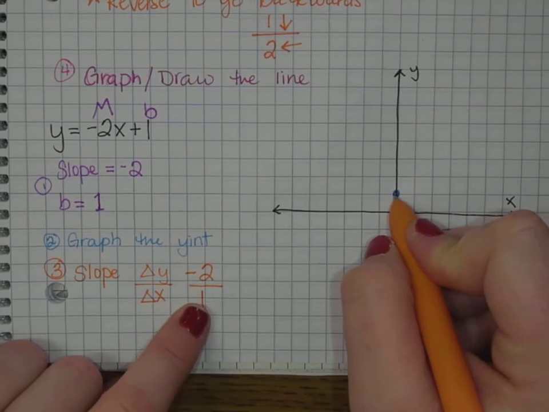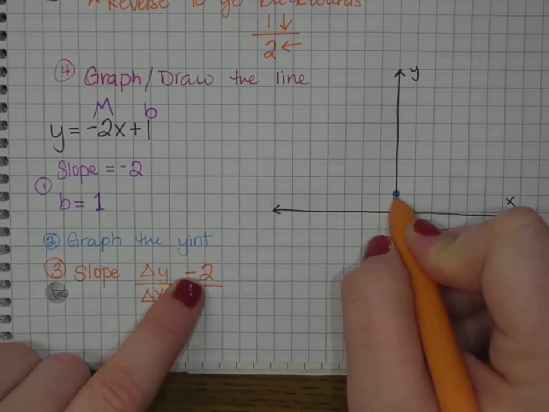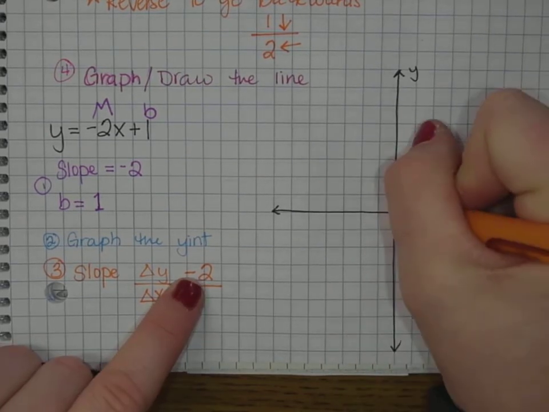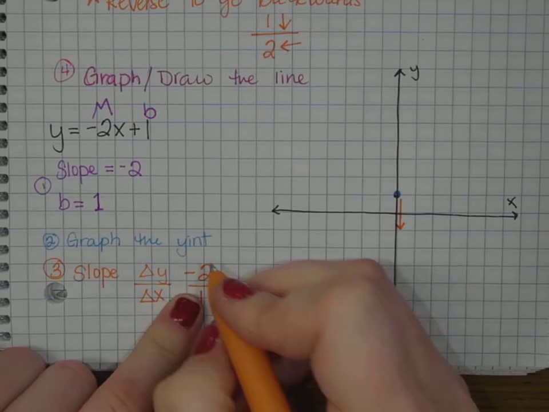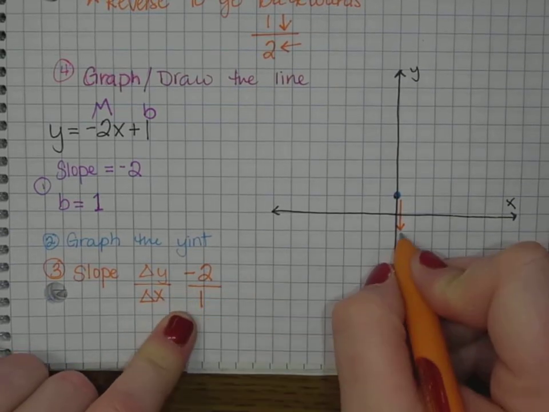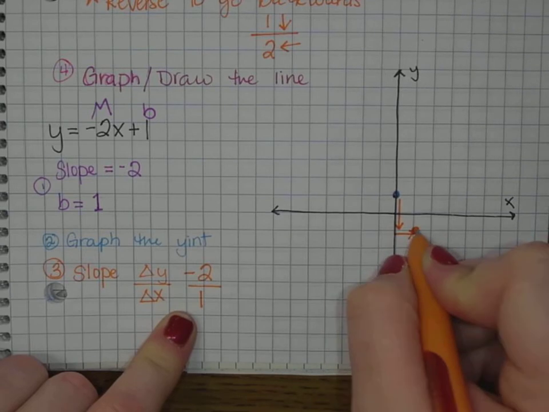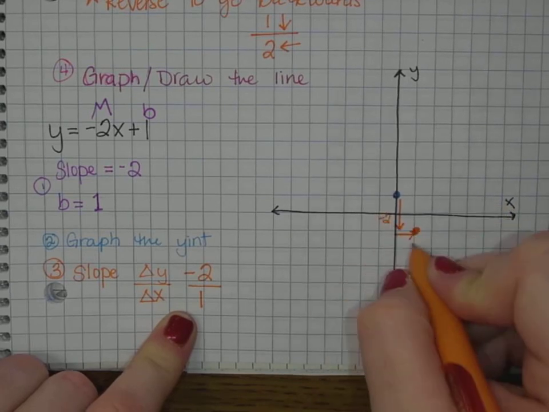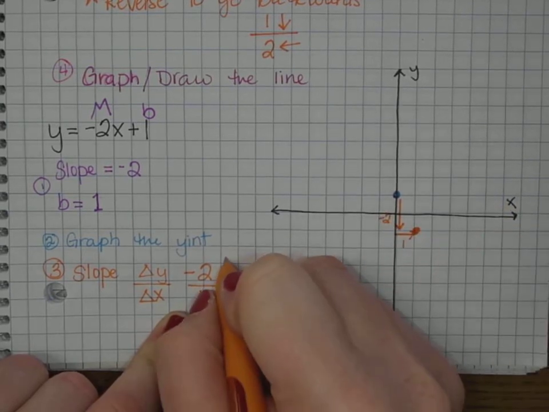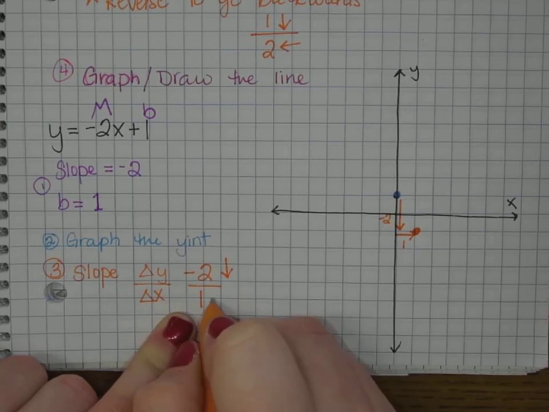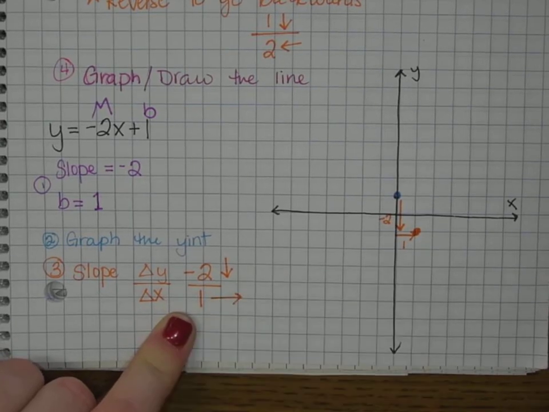So from this point, the negative 2 tells me to go down 2, and then I would go right 1. So negative 2, right 1. This tells me to go down, and this tells me to go right.